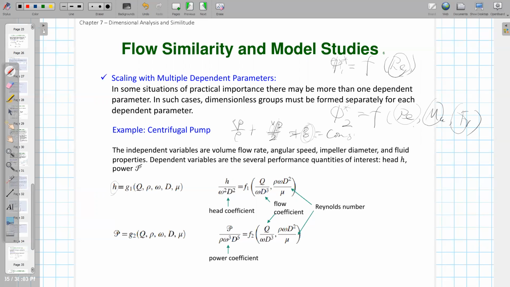This is what this height means. It shows how much the pressure of the fluid is increased by the pump. This is the performance parameter, because when we use the pump we want to increase the fluid pressure. The larger this value, the better pump we have.